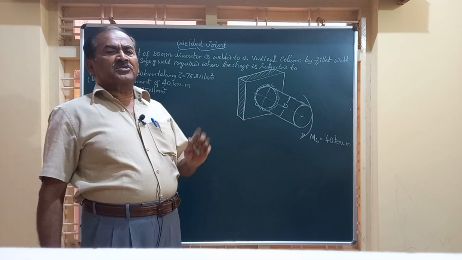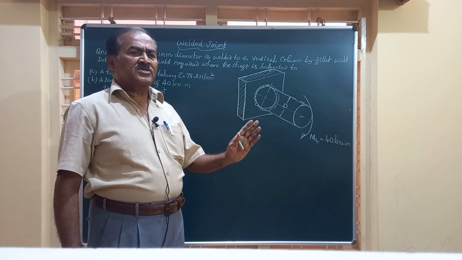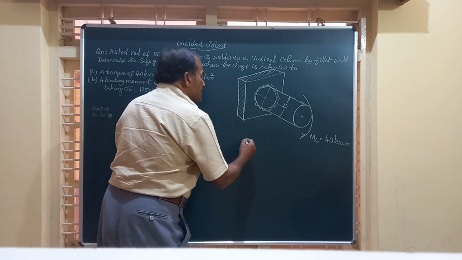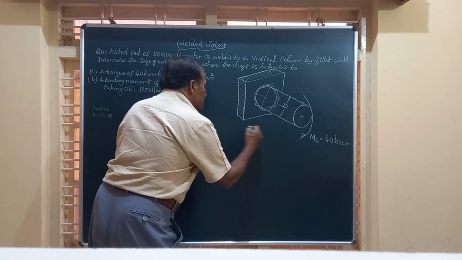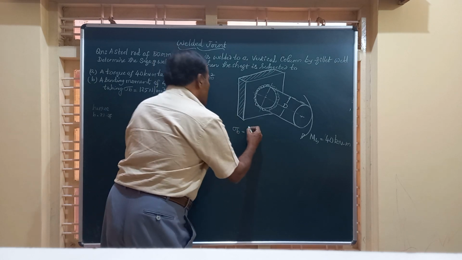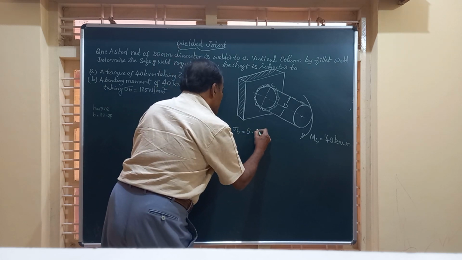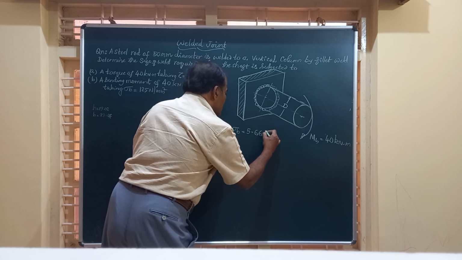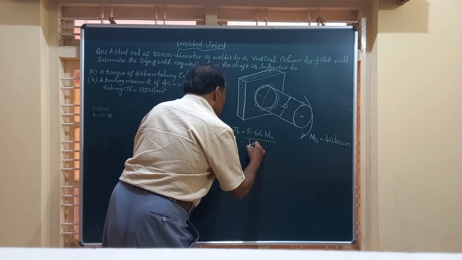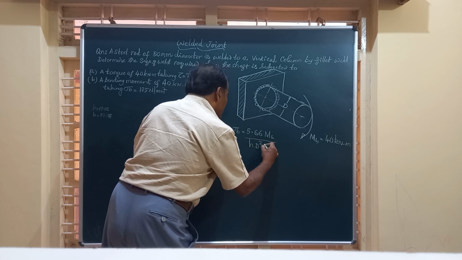Friends, if you refer to the same welded joints chapter, for this MB case, we have the bending stress induced in the member as 5.66 MB divided by h d square pi.